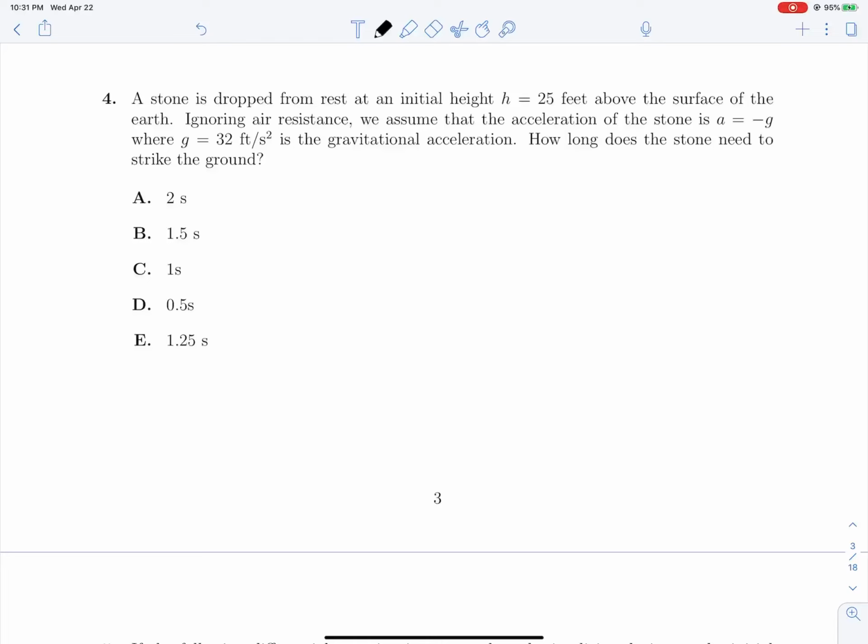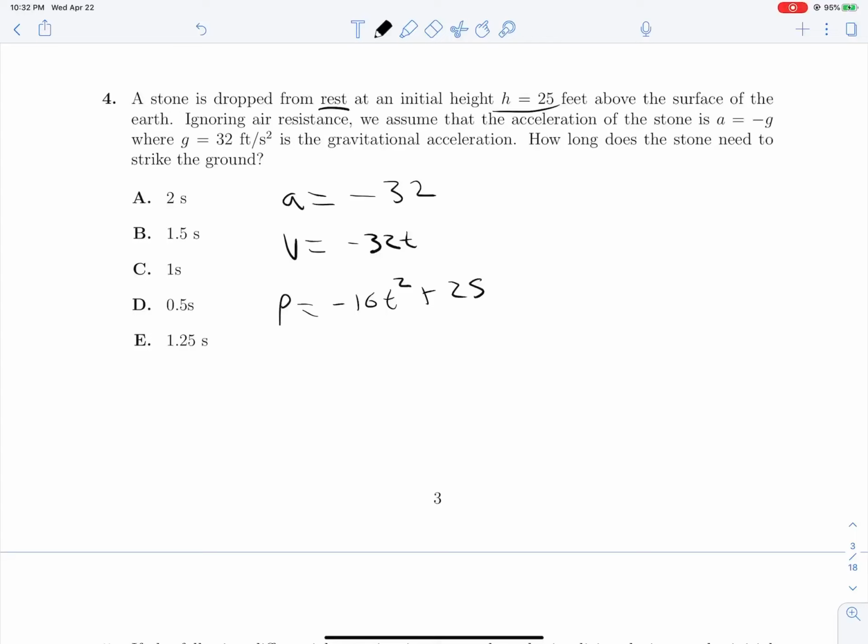But this should be pretty easy to compute, because a is equal to negative g, where g is 32. That's our acceleration. Integrating a, we'll see that v is equal to negative 32t plus c, but since it's starting from rest, we know that its initial velocity is 0, so we can get rid of that c term. Integrating v for position, that is negative 16t squared plus c, where this initial position is 25 feet.